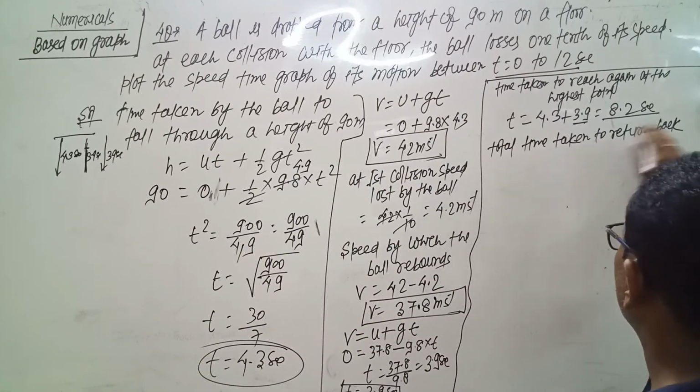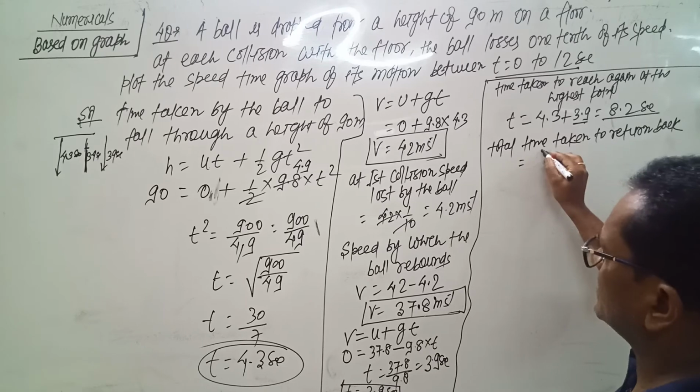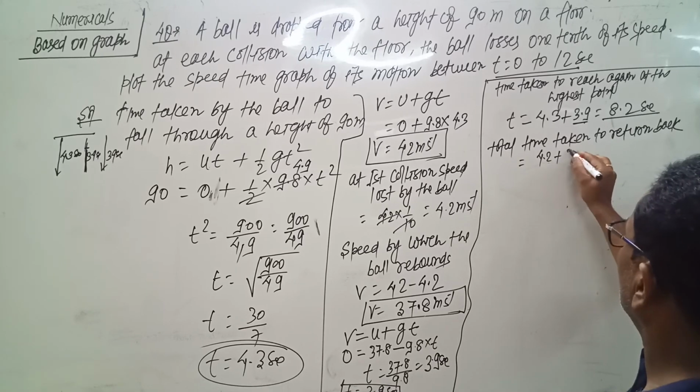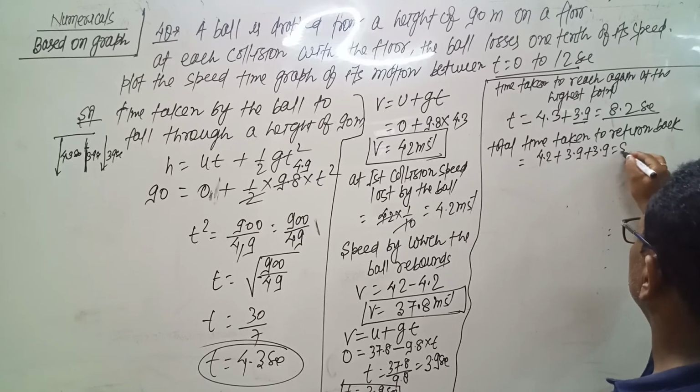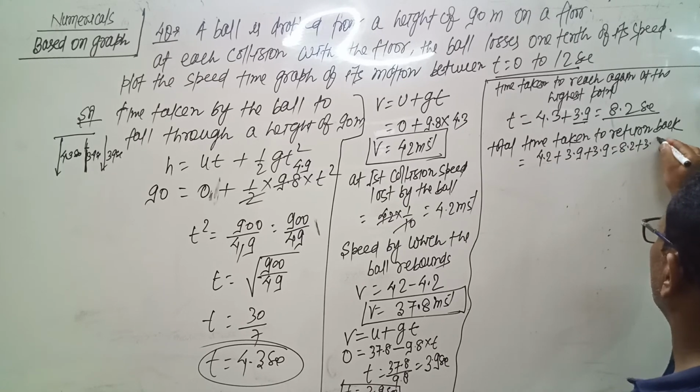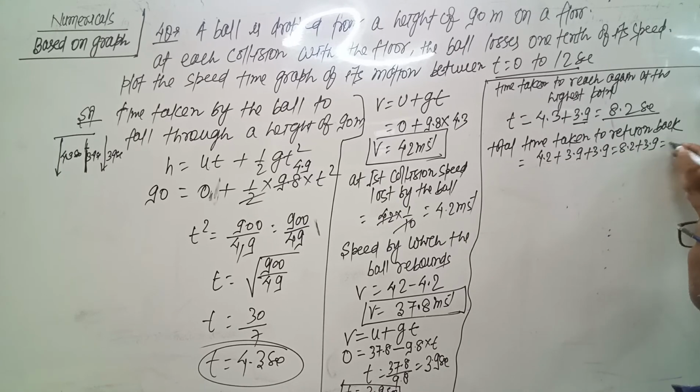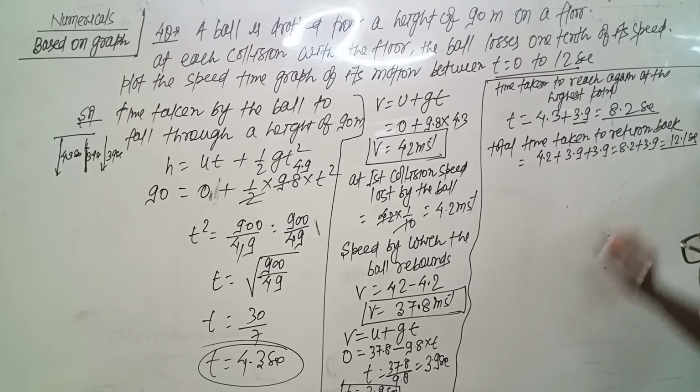So the total time to return back equals 4.3 plus 3.9 plus 3.9, which is 8.2 plus 3.9 equals 12.1 seconds. In 12.1 seconds, the ball again comes down.